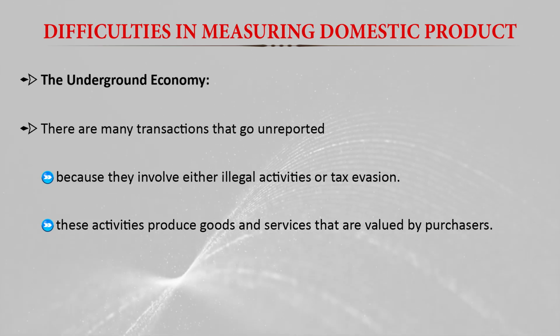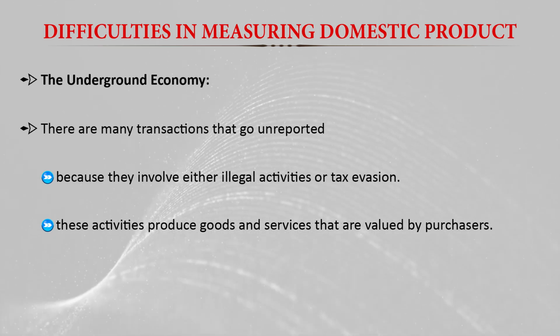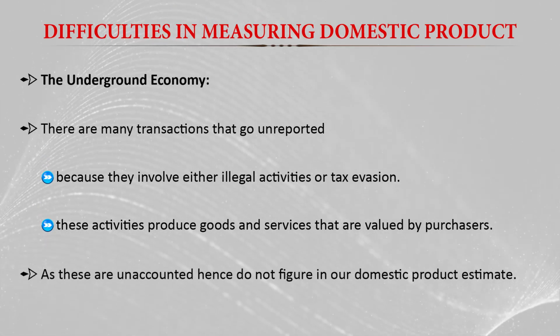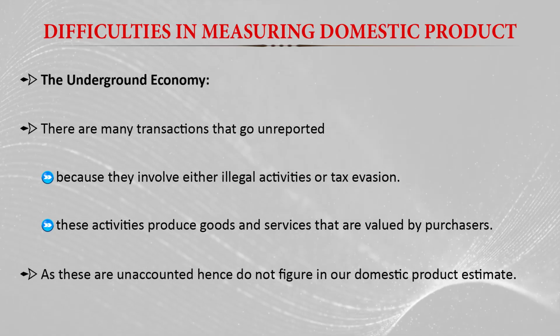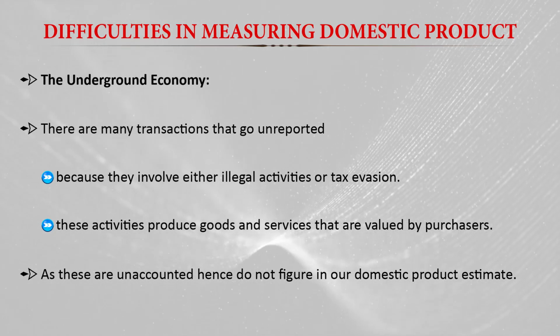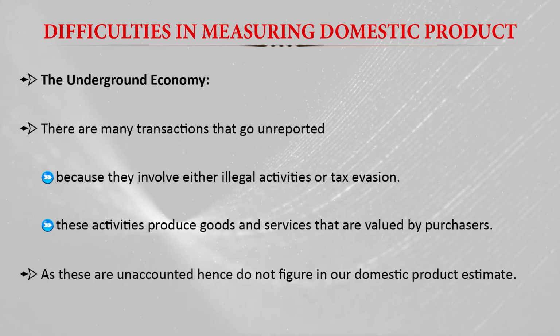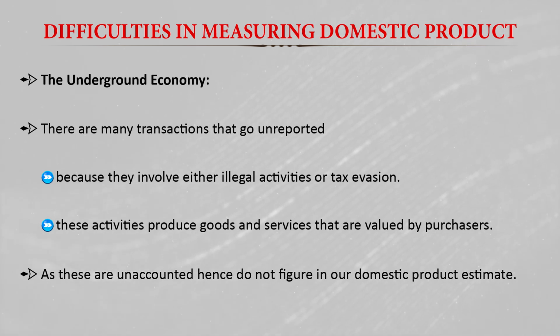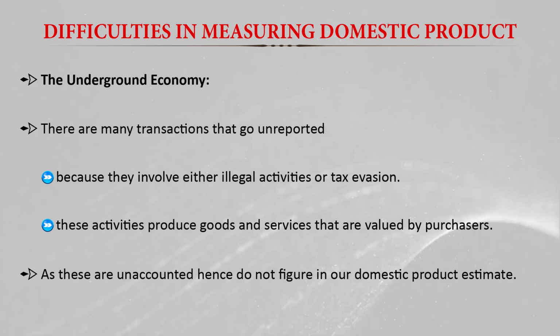The market is available for these production activities, but because of the non-accounting or non-reporting of these activities, our gross domestic product is underestimated. So all these activities are unaccounted, and hence do not figure in our domestic product estimates.